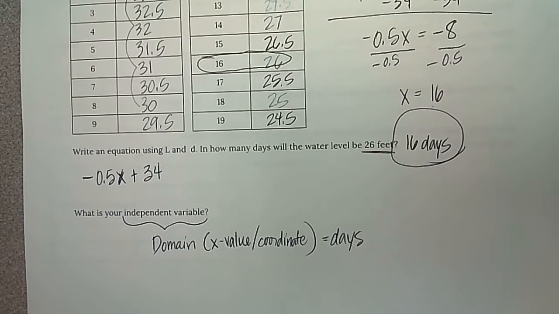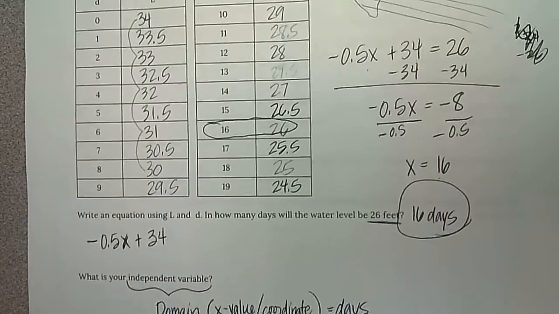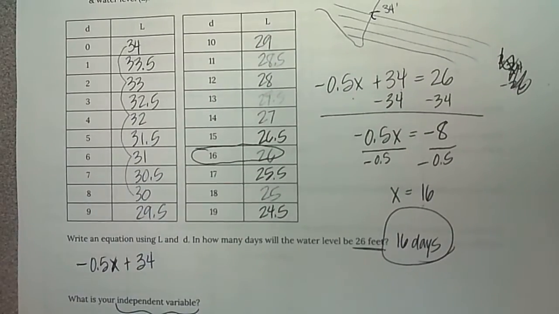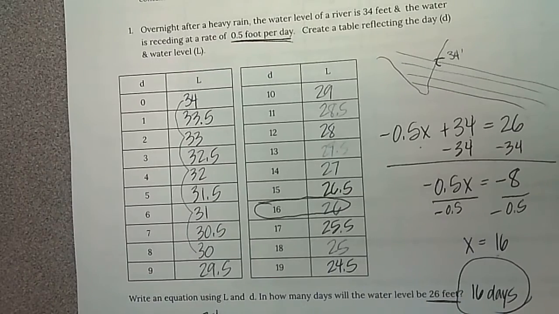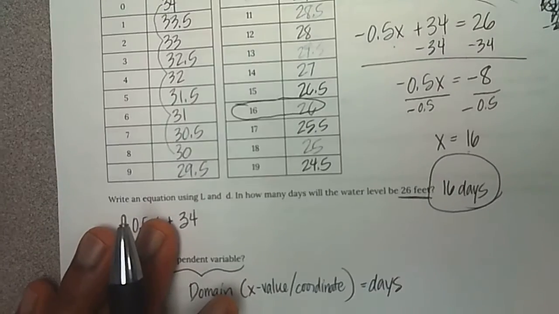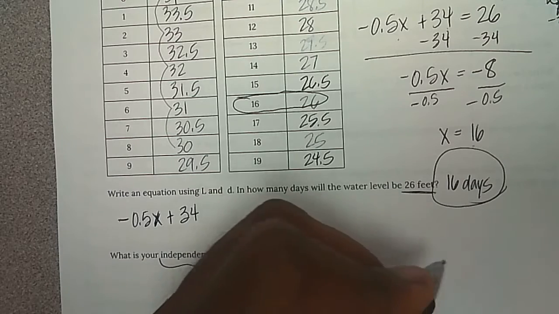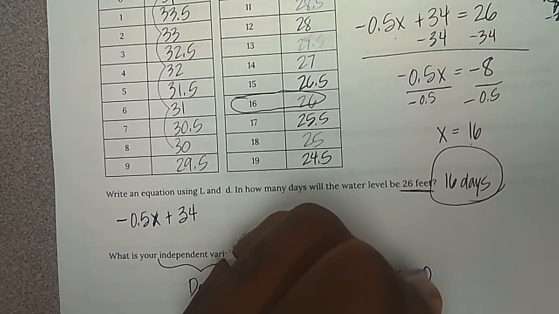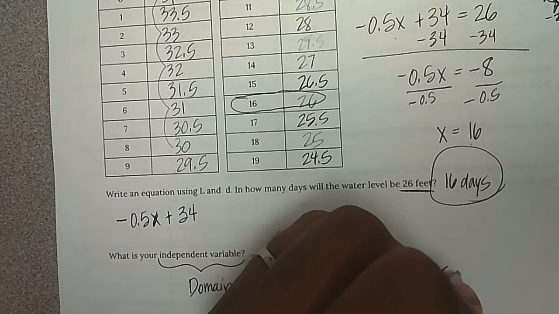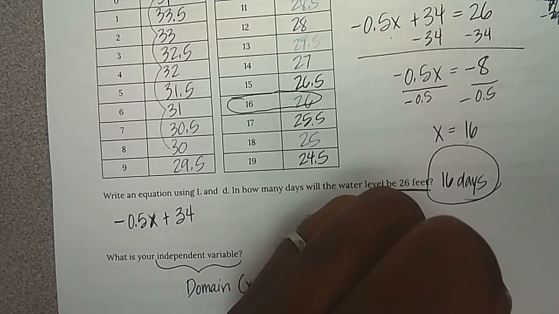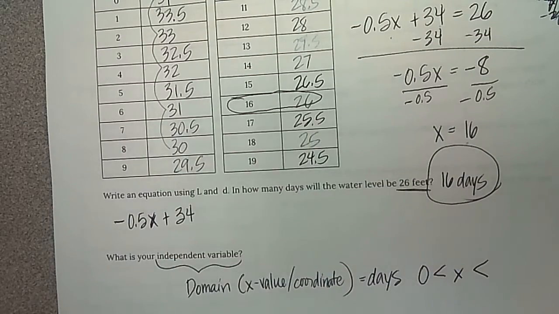And what days make sense? Well, all this happened because it rained really hard the night before. So going back in time doesn't make sense. So my days make sense from 0 to some larger number, but it's going to be a positive number.